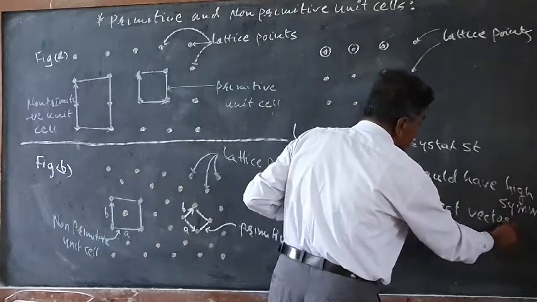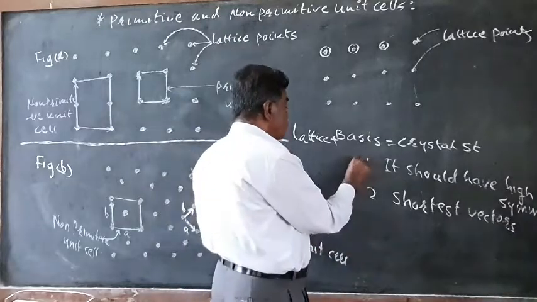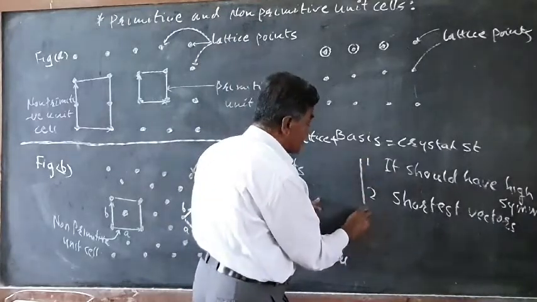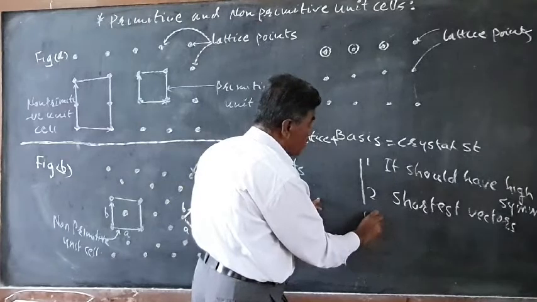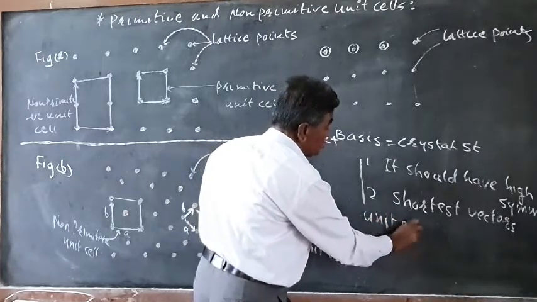Such a unit is known as the unit cell. By considering these conditions, we construct a small block in a space lattice, which is known as the unit cell.